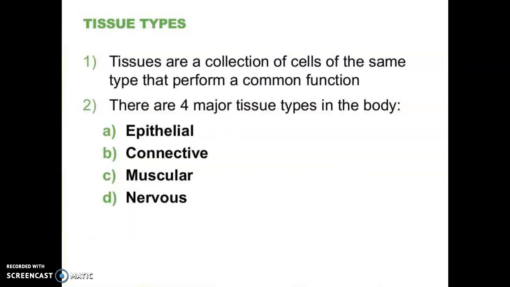And then we are going to talk specifically about each of the four major tissue types. Remember we talked earlier about that hierarchy: a group of cells working together actually makes up tissues, and tissues make up organs and so on.